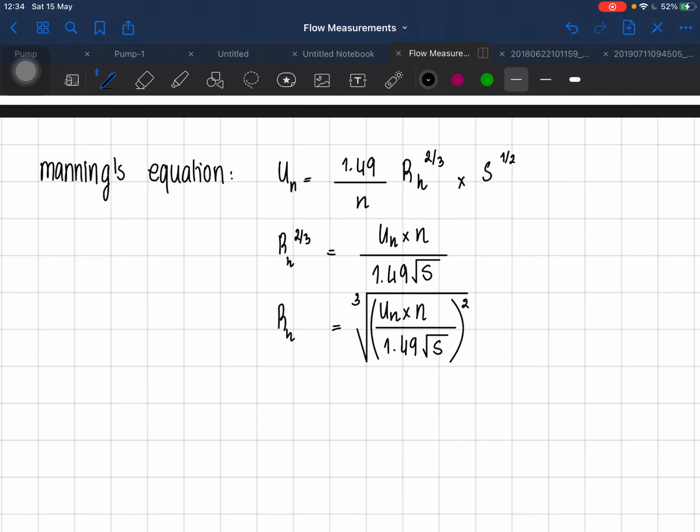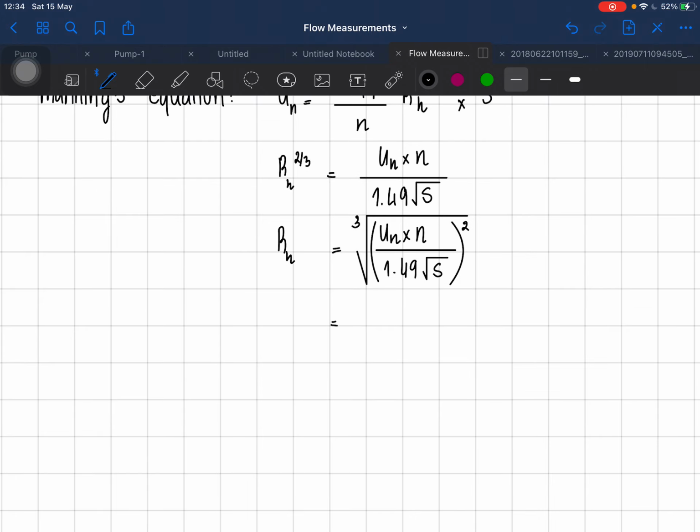And then we can substitute all the numbers inside this one. Oh, why is it so hard? It's very hard for me here.